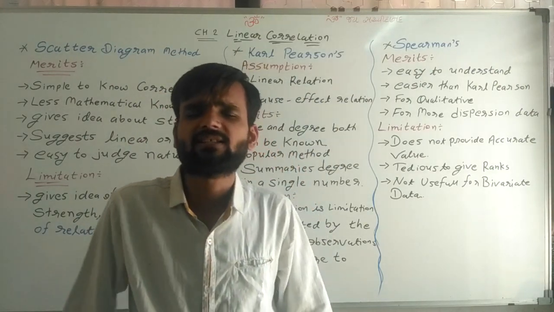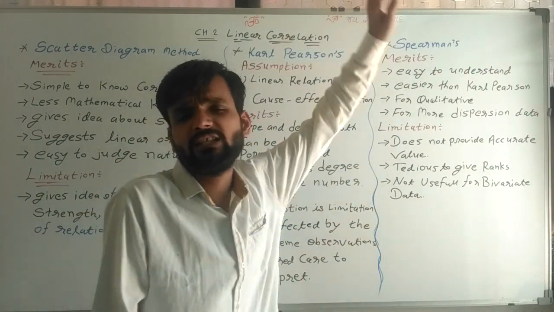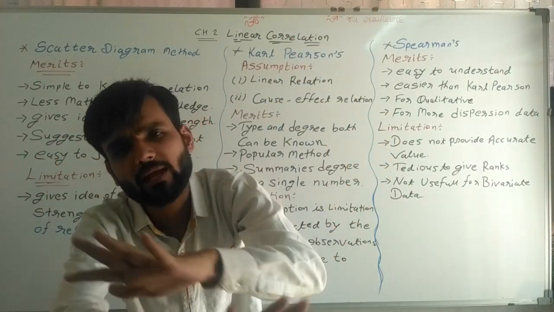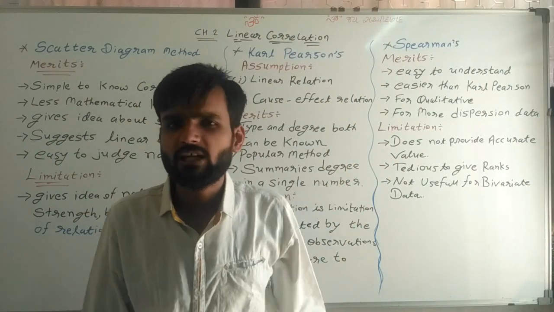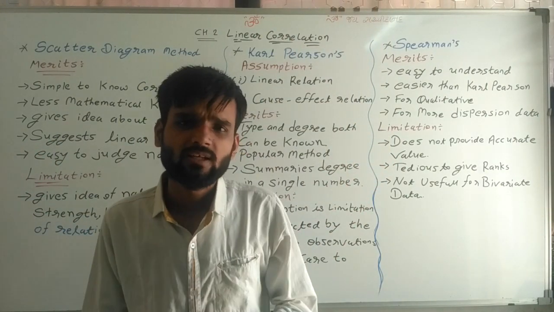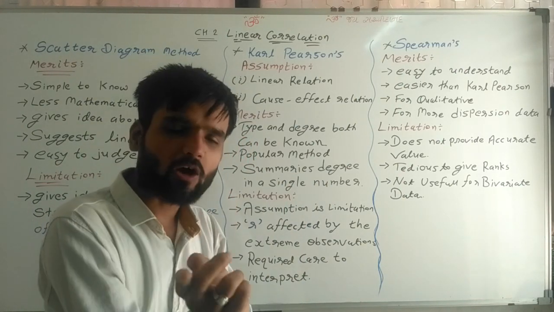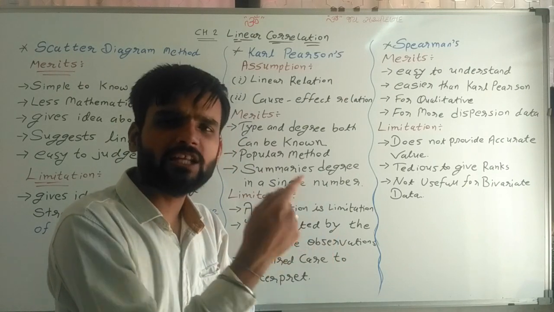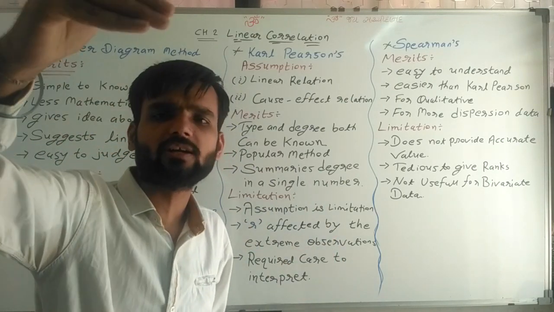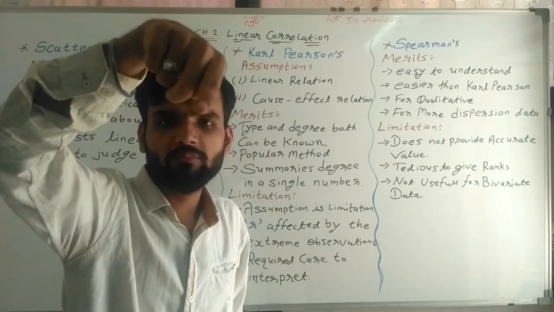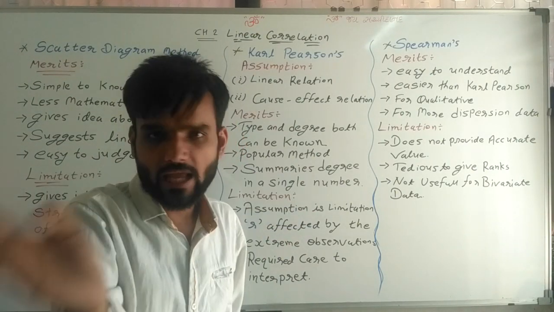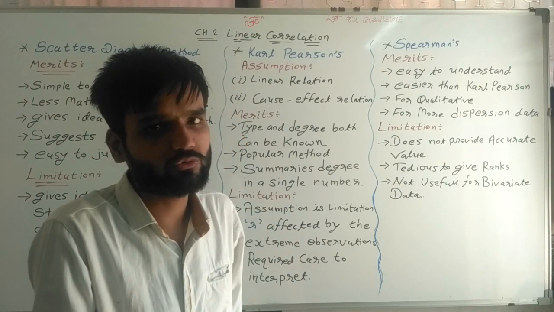Whenever bivariate data is available, the Spearman method is not applicable. So what is meant by bivariate data? It will be covered in detail in your higher studies, BCom, BBA, BCA, MBA, CS, ICW, whatever you want to do.